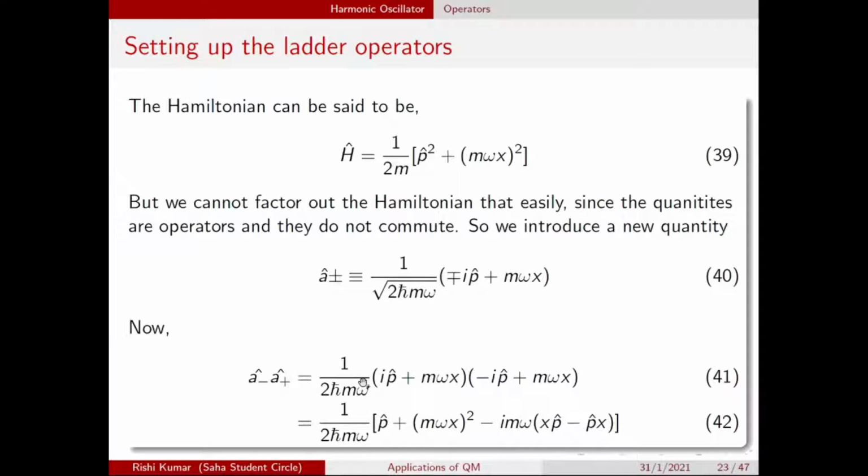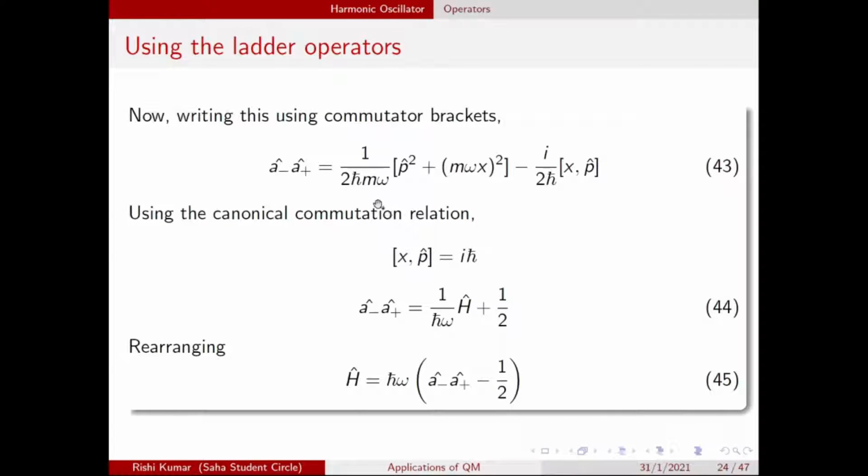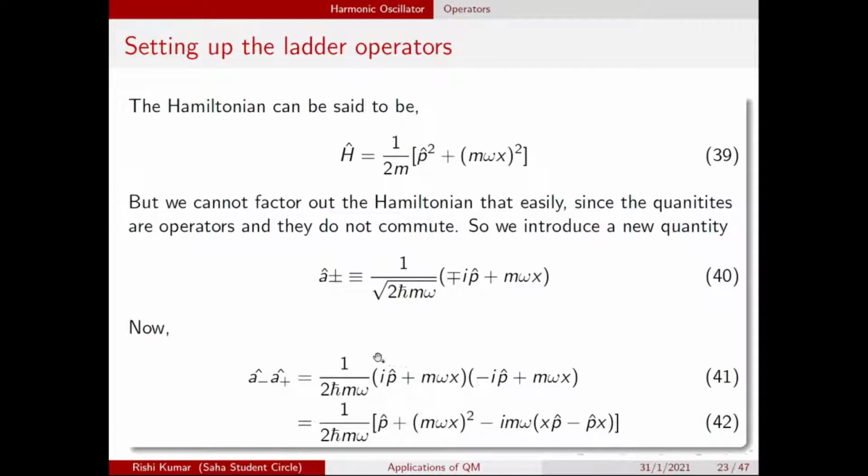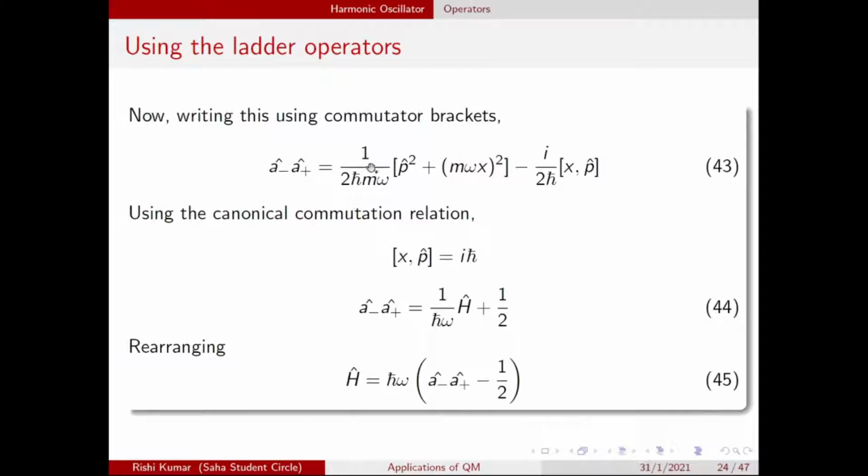If we simplify equation 41, we get equation 42, and if we go on, we can write this elegantly in commutator brackets. So 1 by 2 h bar m omega times p hat squared plus m omega x squared, minus i by 2 h bar, and this is the commutator bracket I was talking about, x comma p hat.